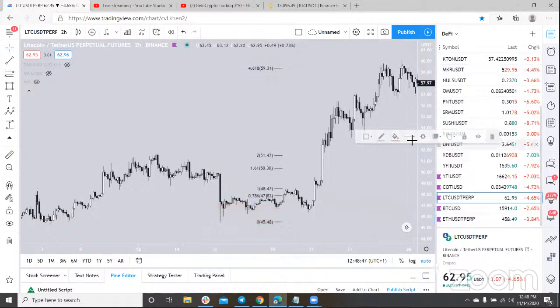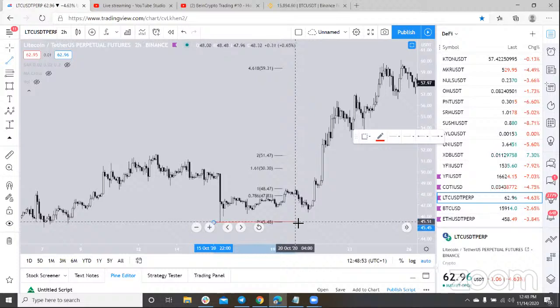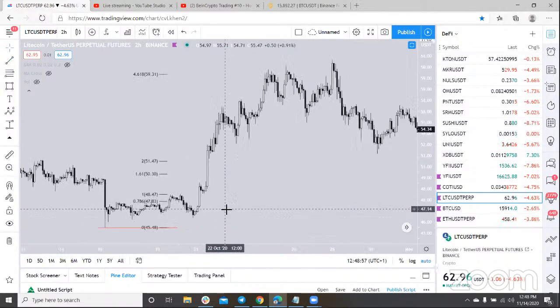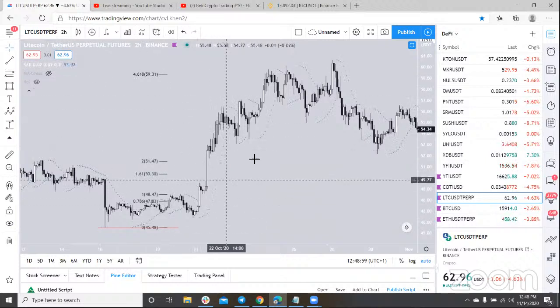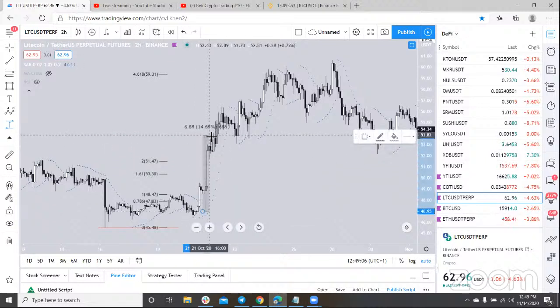Let me remove this right here. Okay, now, if you were to trail this, you would have been stopped here, which is a what? So you entered somewhere here, 14, 15%, a little more.